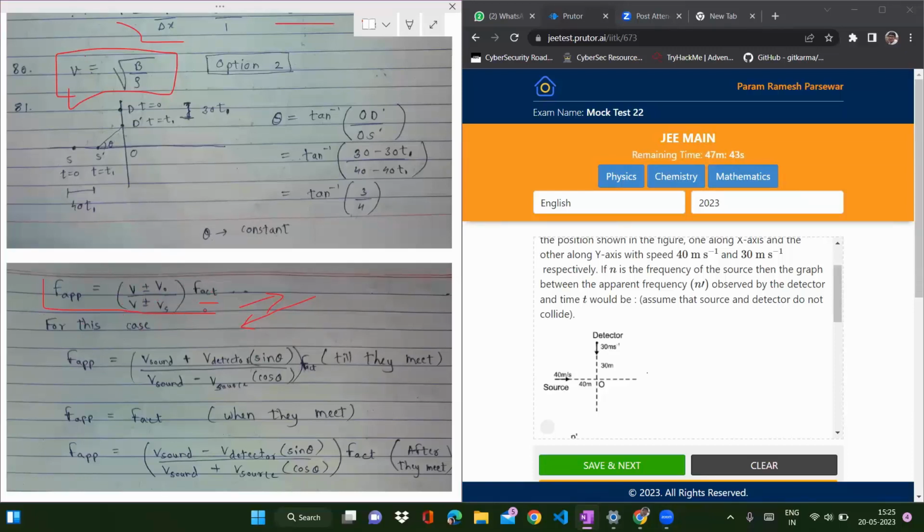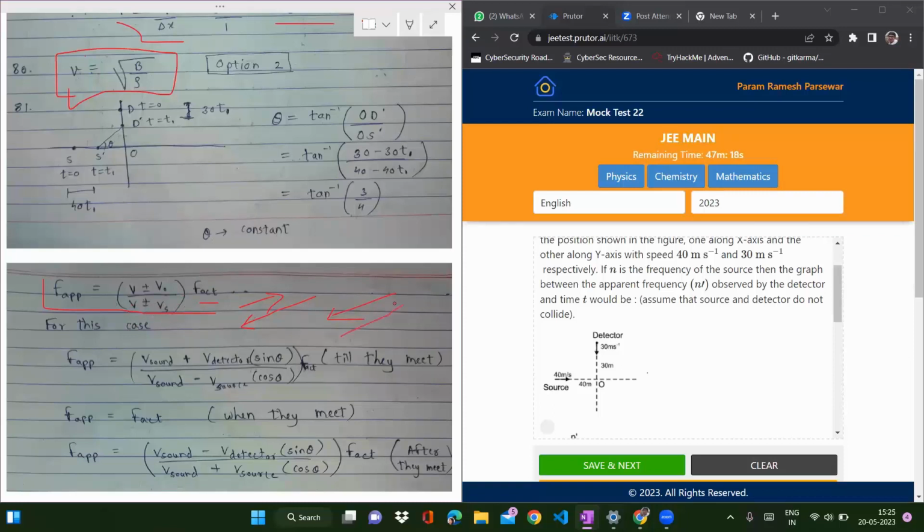And in the denominator, the case is reverse. When the source is coming towards the observer, the frequency will increase because the relative motion says that they are coming closer. So the f apparent is greater than the f actual. But in that case, as it is the quantity in the denominator, we take the minus sign.